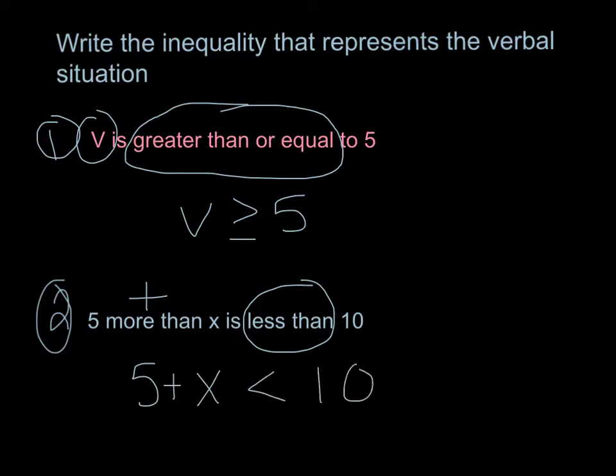So you can have an actual operation like addition in an inequality. The inequality is just coming from this symbol here. There's never more than one inequality symbol when you're writing a word phrase as an inequality.